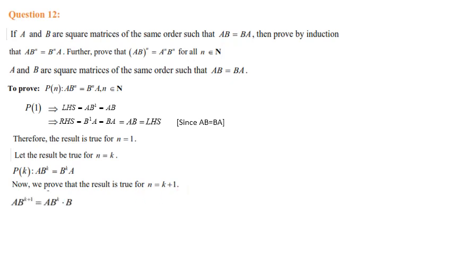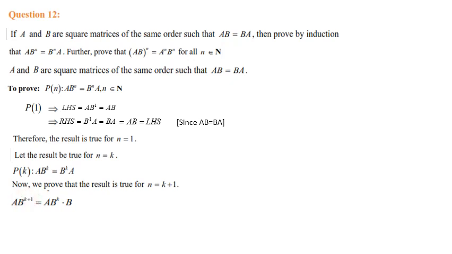So just replace n and put k plus 1, that is AB power k plus 1 is equal to, we have to split this k plus 1. B power k plus 1 we have to write as B power k into B. So finally A remains the same there, A B power k into B. What we have done is this B power k into B, from here it came B power k plus 1, we split.